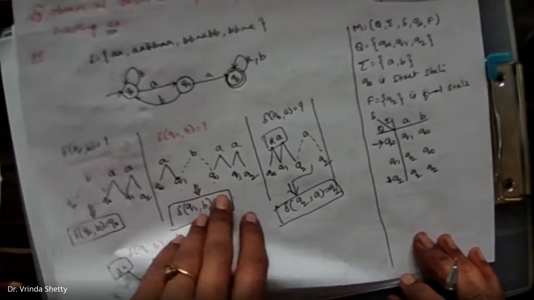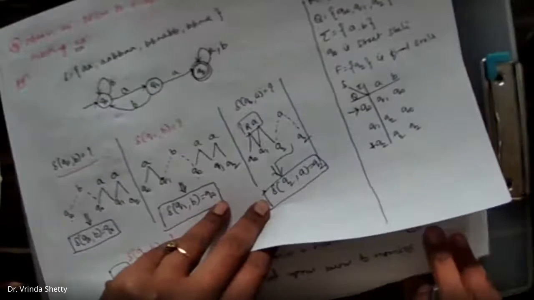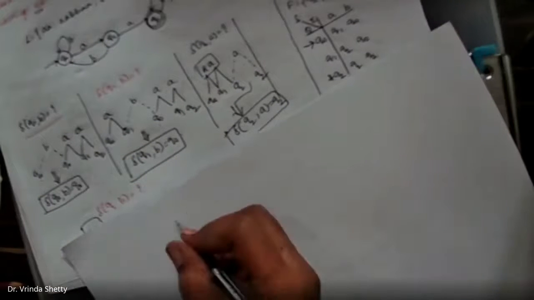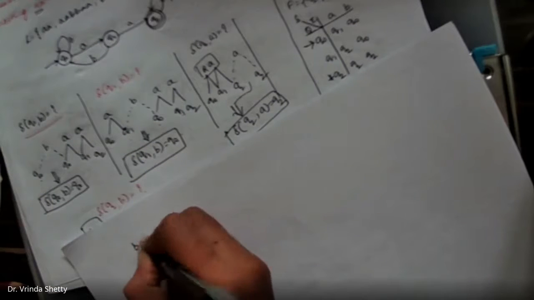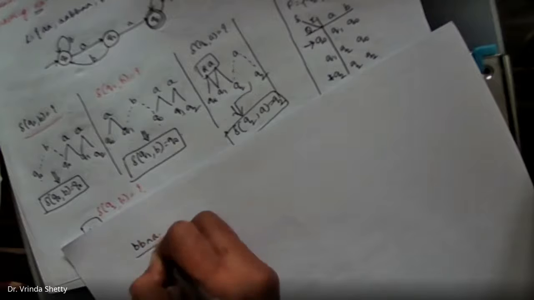We'll see the sequence of moves made by a string for this particular problem. Assume I take the string BBAA. Check the sequence of moves, whether the string is accepted or rejected.